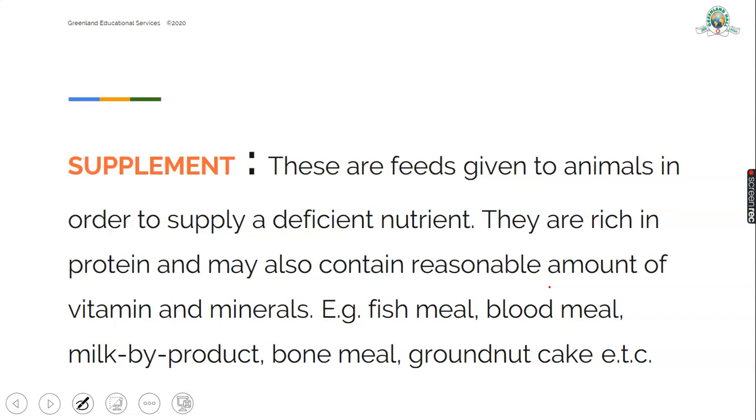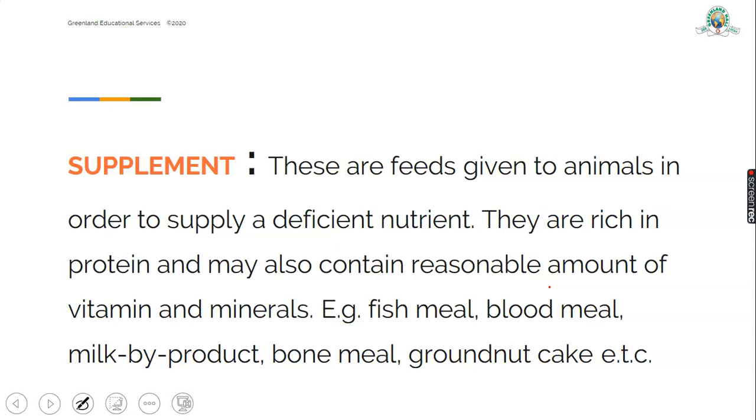The food given to this animal in order to supply mineral is what we refer to as supplement. If the animal is having a deficiency in vitamin, any food given to supply vitamin is supplement as well. If the animal is having a deficiency in protein, the food given to supply protein is also supplement.